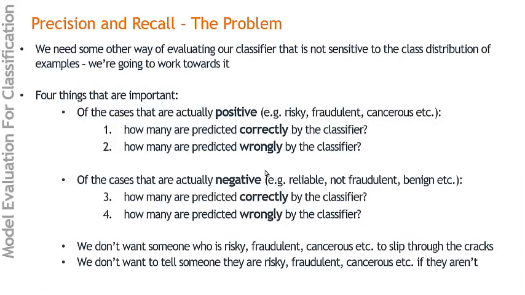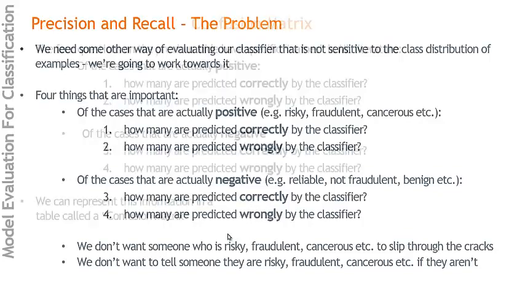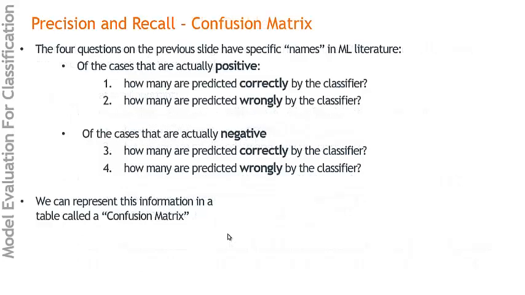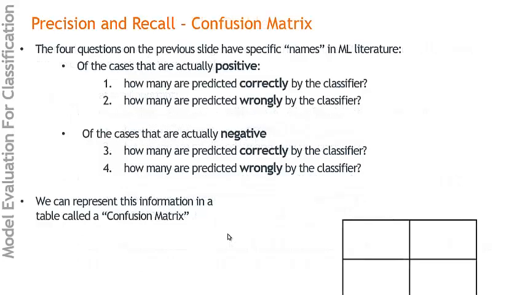So here we get back to our 4 possibilities. Something that's actually positive can be predicted positive or can be predicted negative. Something that's actually negative can be predicted negative or predicted positive. So these 4 correspond to the 4 boxes of our confusion matrix. Right?